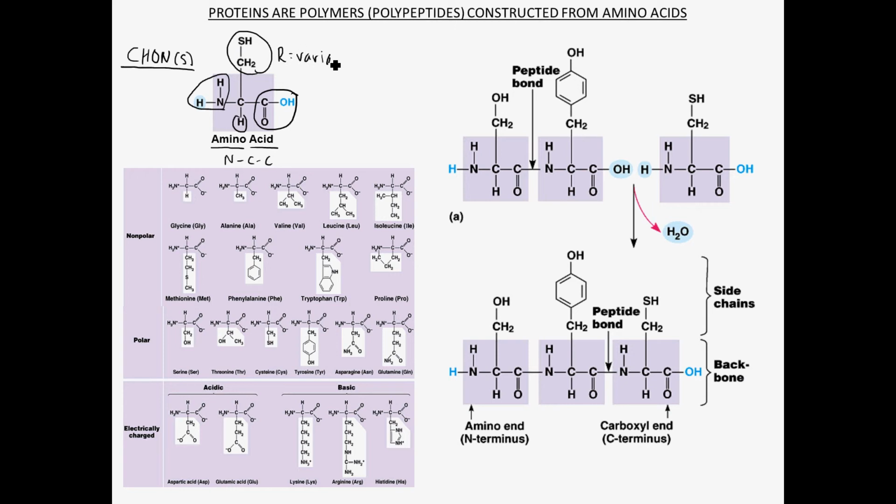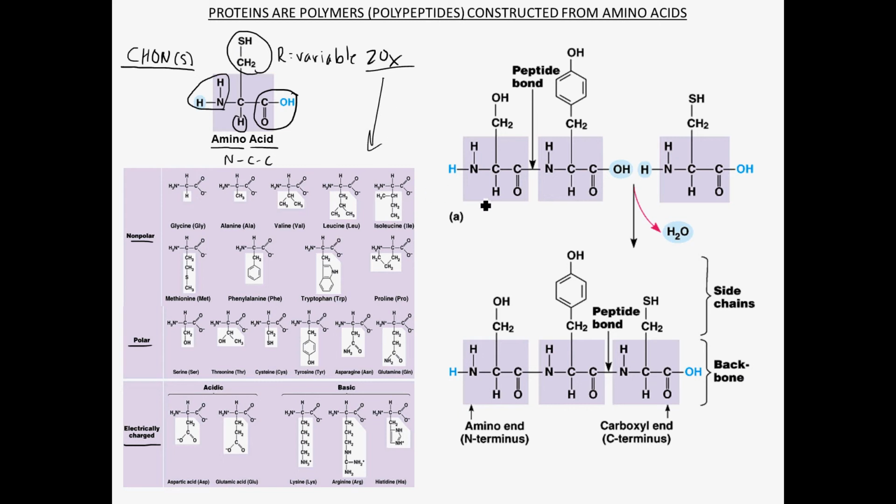It is an R group and is variable, and there are 20 different R groups, and this is the table of all those different R groups. Some make the amino acid polar, some make them non-polar, some make them electrically charged. By no means do you have to memorize this. I'm just showing it to you as an example of what the 20 different amino acids are.